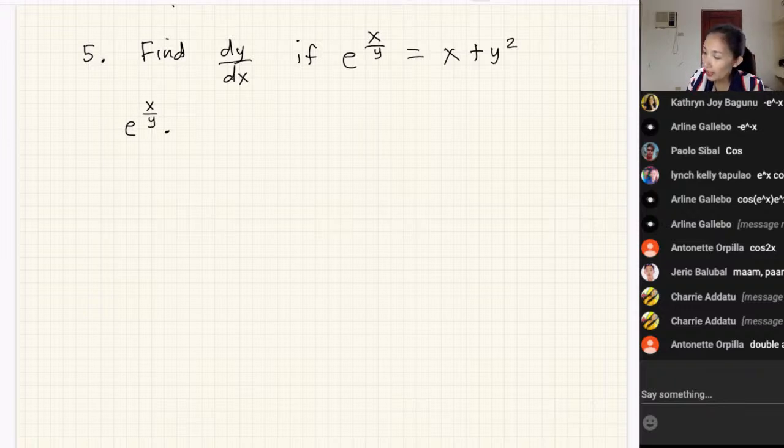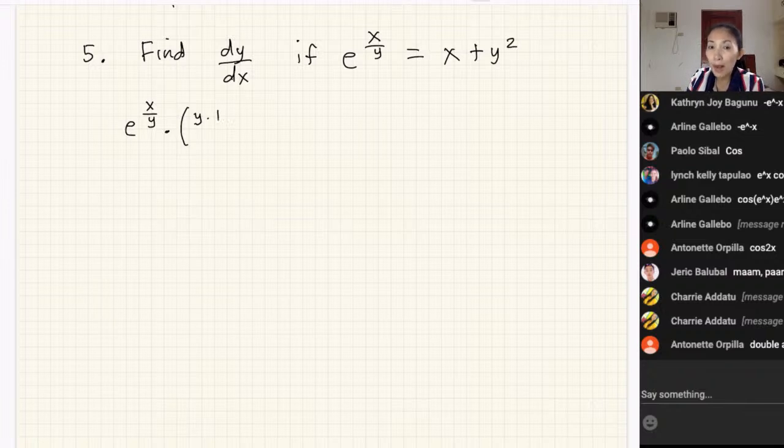Derivative of x over y, which is a quotient. What's the derivative of a quotient once again? The denominator y times du, minus u dv. Denominator y times the derivative of the numerator, derivative of x is 1.